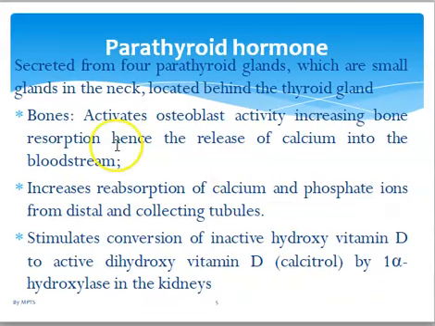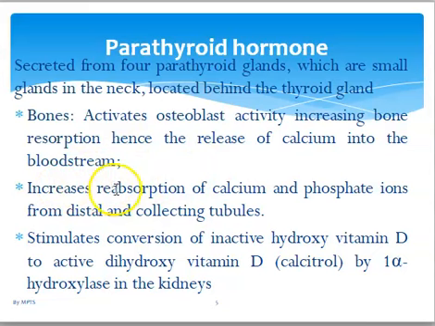Now, let us look at the parathyroid hormone. We know the parathyroid hormone is secreted by the parathyroid glands, which are located behind the thyroid gland. What are the effects of this hormone? In bones, it activates osteoclast activity, increasing bone resorption and hence increasing release of calcium into the blood.